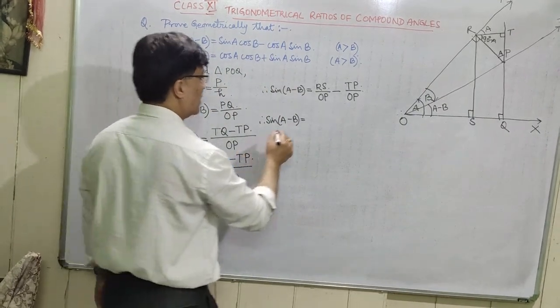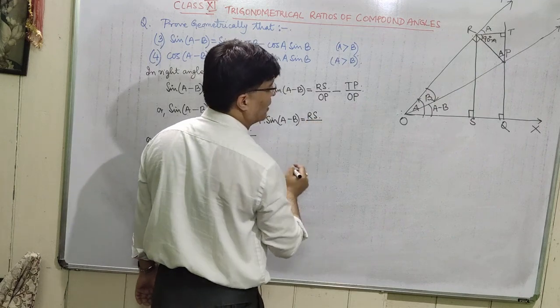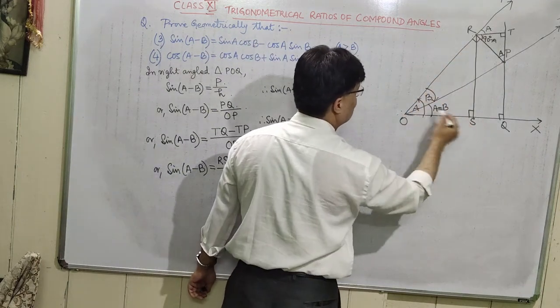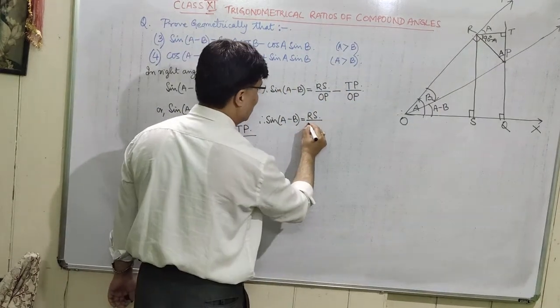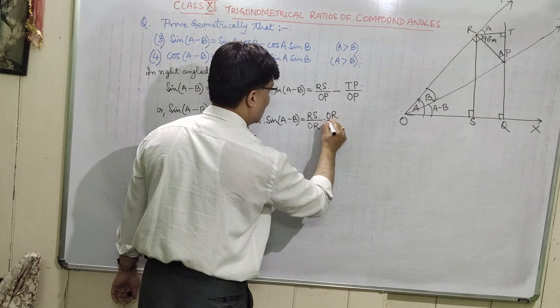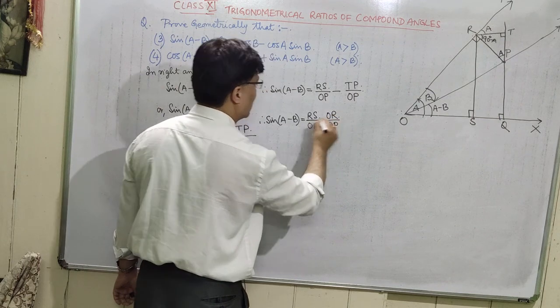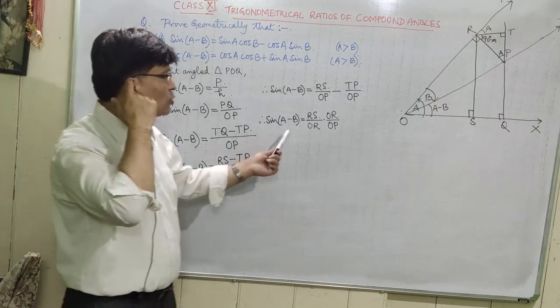So here you can write RS divided by OR into OR upon OP. Let us multiply and divide it by the common line of intersection, that is OR.